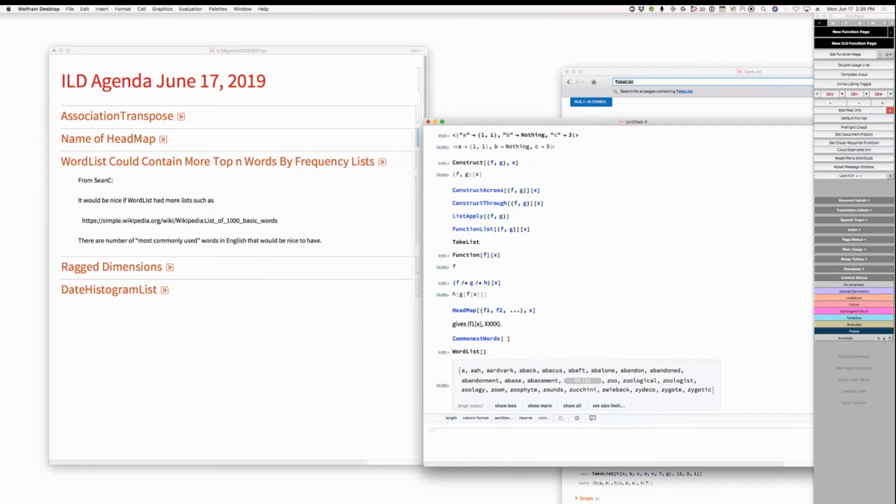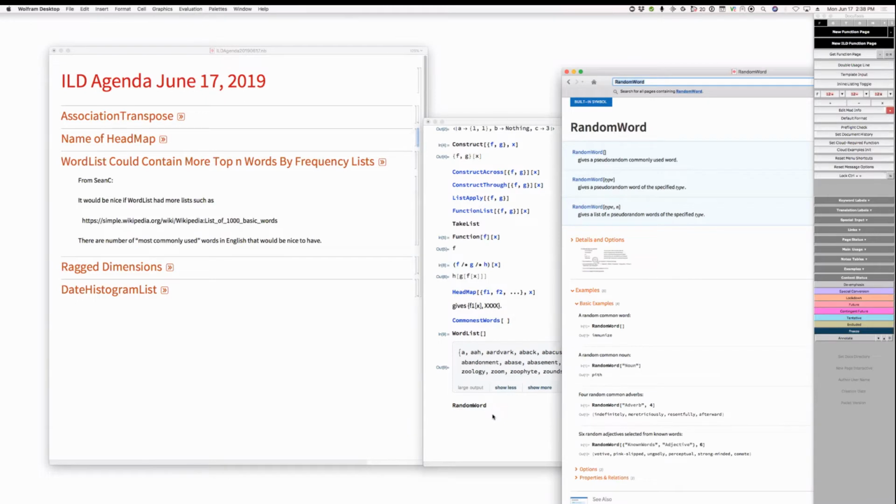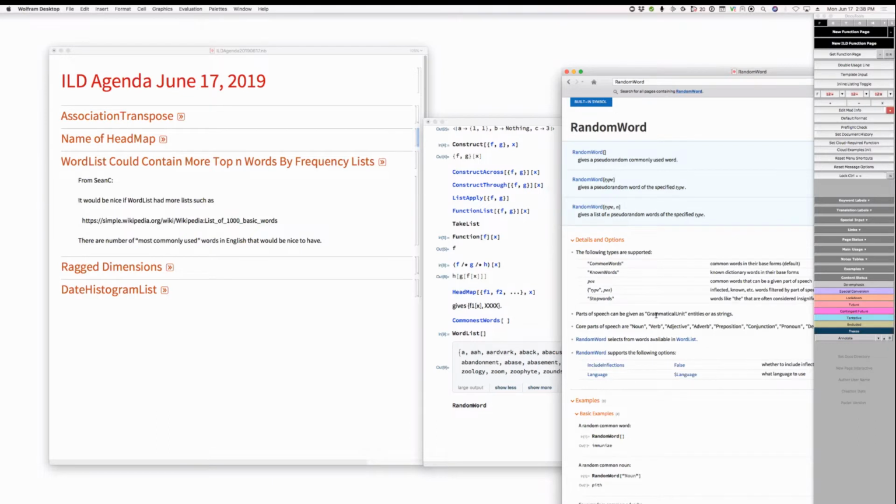Okay, so the case of random word. We've already got known words, and I think we have a notion of common words, right?